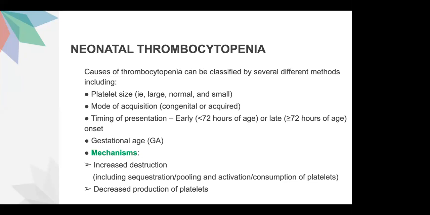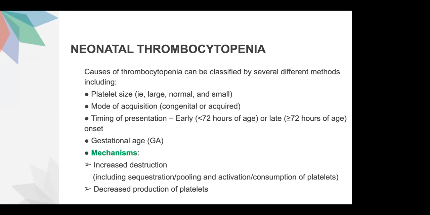Okay, the causes of thrombocytopenia can be classified by several different methods. One that I mentioned before. Another is by looking at the platelet size when we do a peripheral smear. Another is by identifying whether this neonatal thrombocytopenia is congenital or acquired. Another is by looking at the gestational age of the neonate, whether this neonate is a preterm or term infant, and especially in a preterm infant we also need to look at the birth weight of the child.